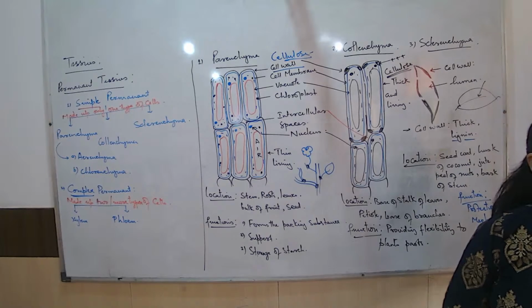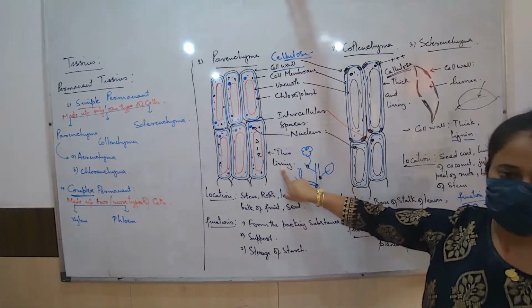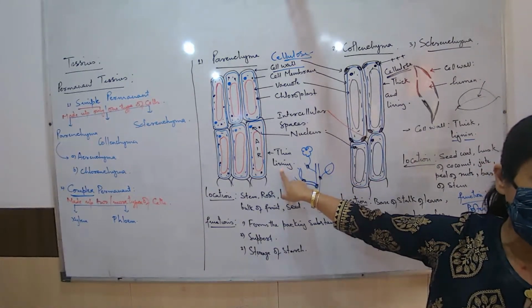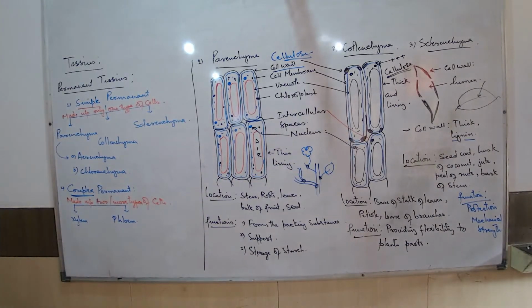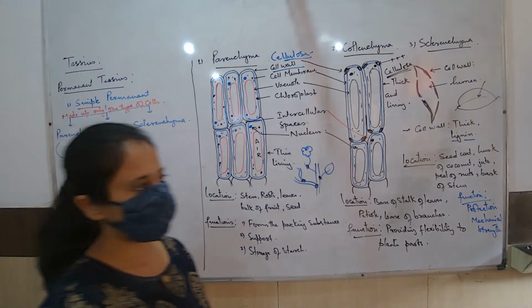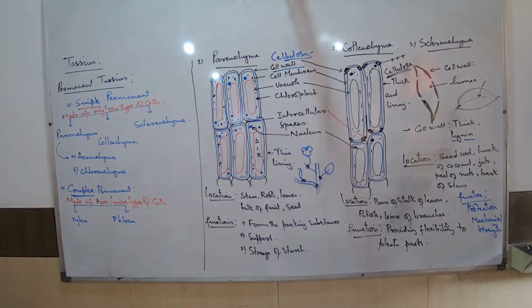Second point, write the difference. In parenchyma, cell wall is thin and living. In collenchyma, cell wall is thick and living. Now the third point, you write about the function.